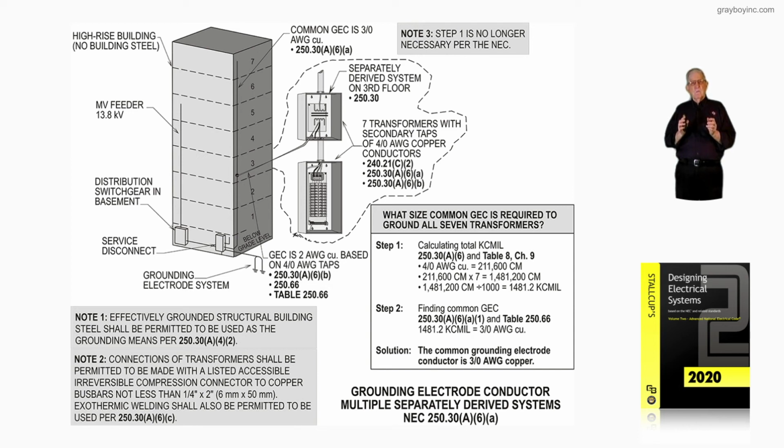And we found out, no, that's not what Code Panel 5 meant for us to do. So they had to come back and correct that. So in step 2, in section 250.30(A)(6)(a)(1), as well as Table 250.66, we only had to use a maximum size of 3/0 to serve as a common grounding electrode conductor, but maybe you'd have to increase it for sensitive electronic equipment that's installed on each floor.